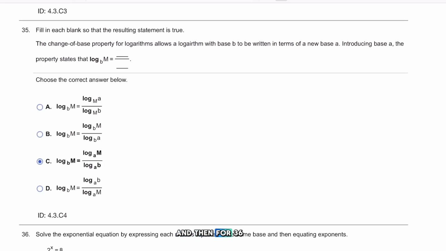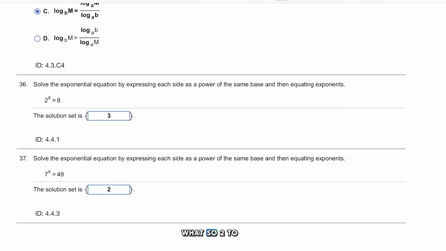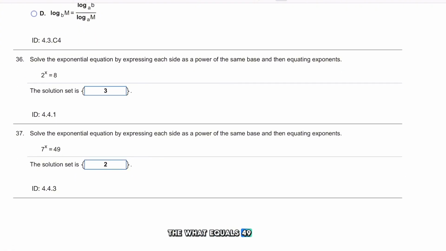And then for 36, what? So 2 to the what equals 8, and then 7 to the what equals 49.